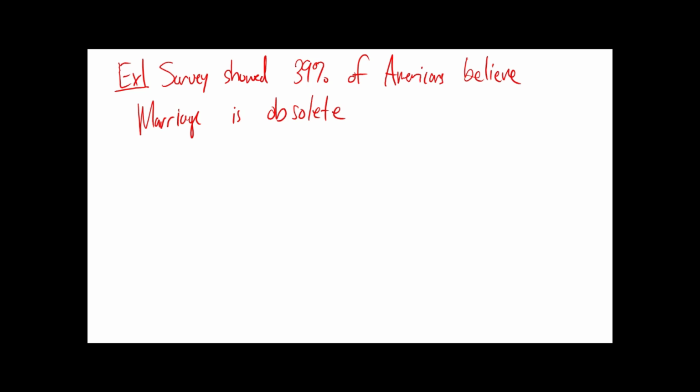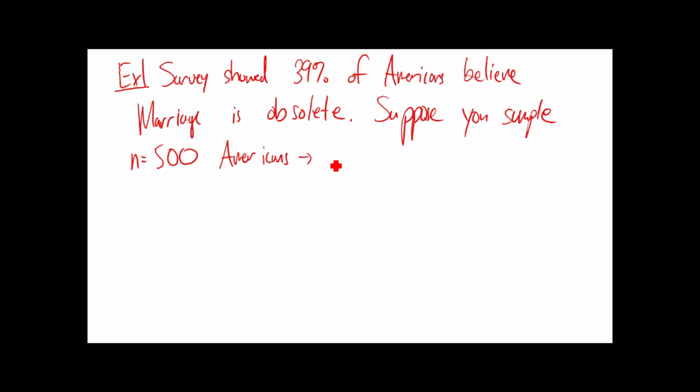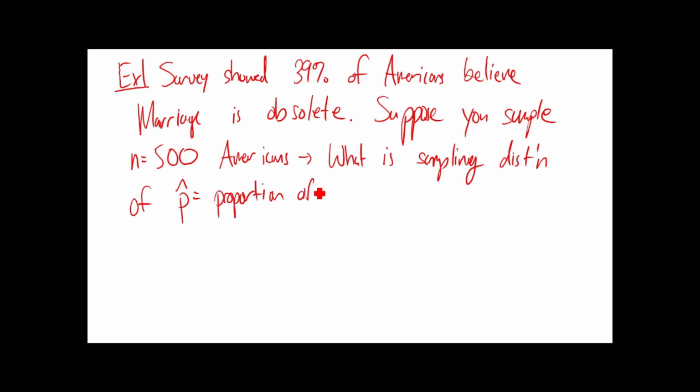All right, so let's say that's true, and 39% of Americans really do believe marriage is obsolete. What I want to know is, let's say that you go out and you sample 500 Americans. What's going to be the sampling distribution of the sample proportion, p hat, the proportion of the 500 who believe this?